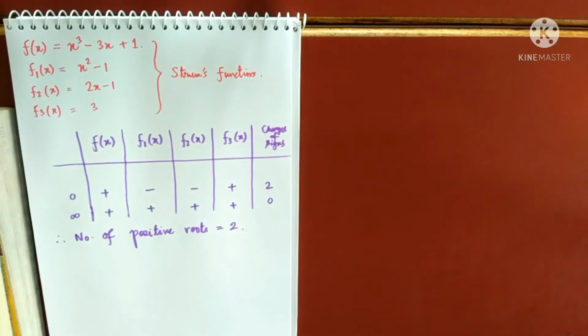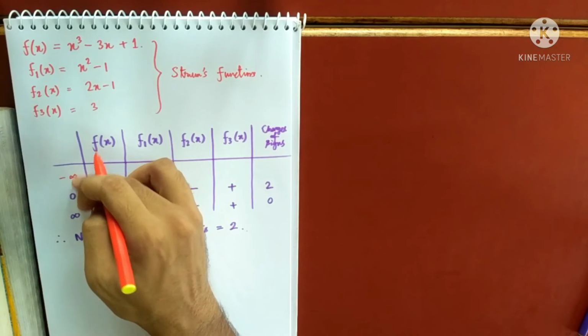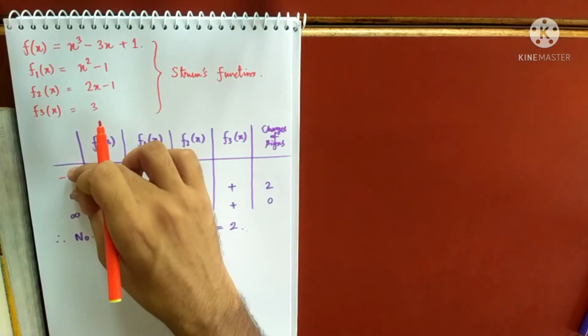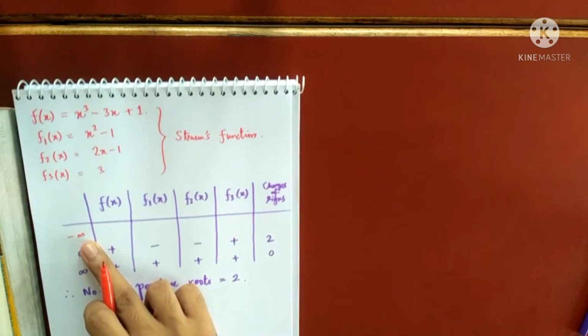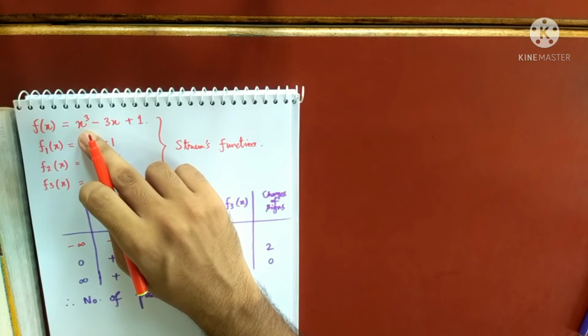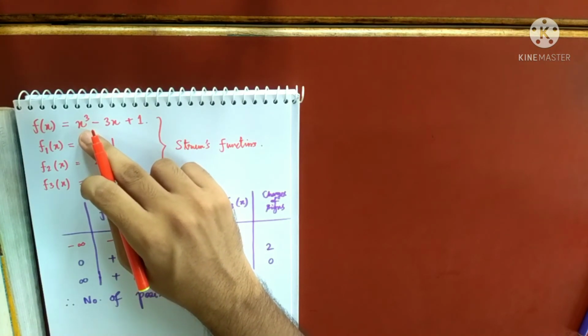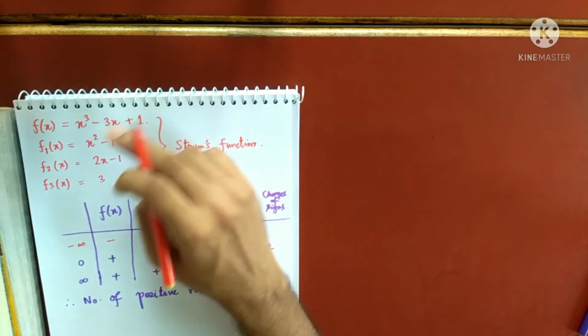Now we will next determine the number of negative roots. For that I will consider the interval minus infinity to 0. Let's do it for minus infinity then. When I am putting minus infinity here, that will become negative, because for a very big negative number its cube will definitely be negative. It will not depend on these two terms.